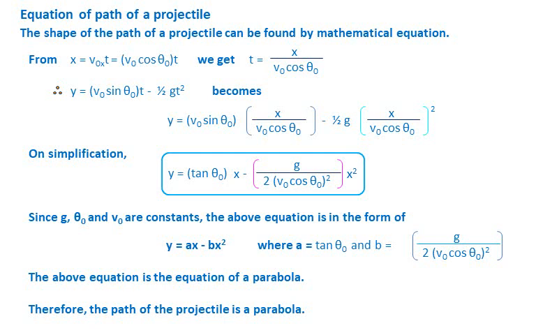Similarly, by using the second equation of motion, you can find the value of y, and that comes out to be v0 sin theta naught into x upon v0 cos theta naught minus half g into x upon v0 cos theta naught whole square. By putting the value of t from the above equation, we get y equals tan theta into x minus g upon 2 v0 cos theta naught whole square into x square. Now it is an equation in the form of ax minus bx square.